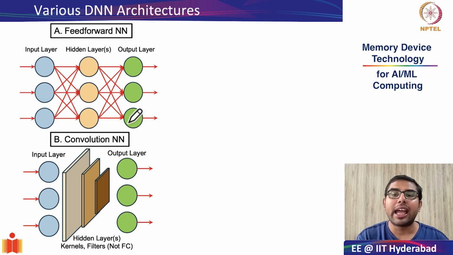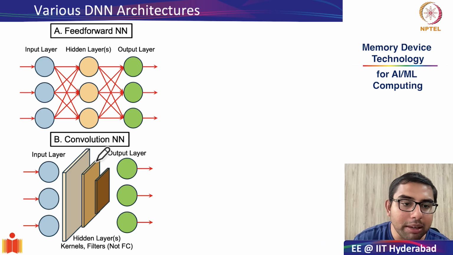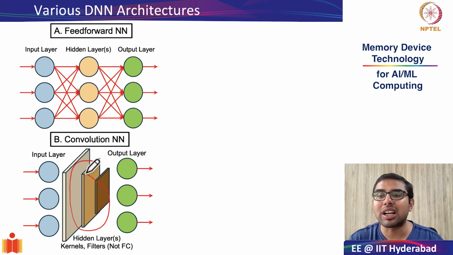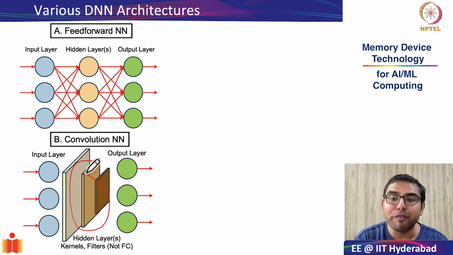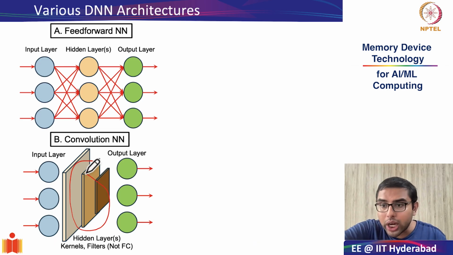Instead of connecting every input to every neuron in the next level, CNNs use a new concept called filters or kernels that slide or convolve across the image. These filters or kernels pick out specific features. It could be a horizontal edge, some texture, or even a curve.